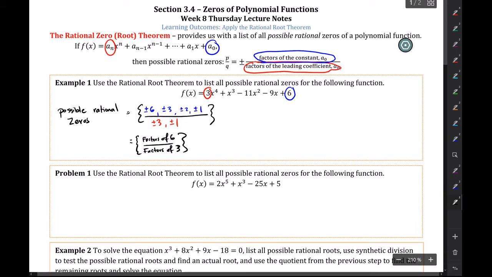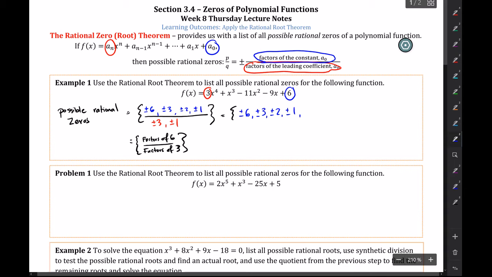Okay, so let's simplify this a little bit. This says that we have the following list. If the bottom number is 1, then we're going to get plus or minus 6, plus or minus 3, plus or minus 2, or plus or minus 1.